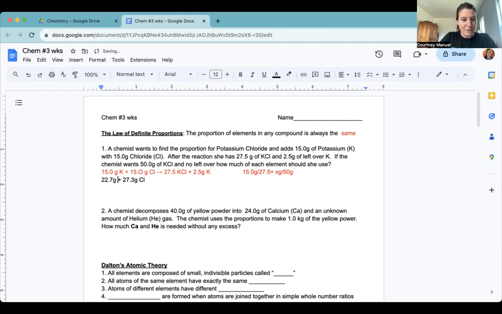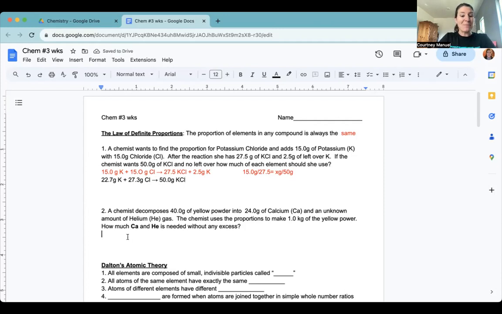That's what's left, because you cannot create or destroy matter. It just changes forms. And we're going to have it change from a potassium and a chloride separate to a potassium chloride together. And this gives us 50 grams KCl. All right, so the next one.